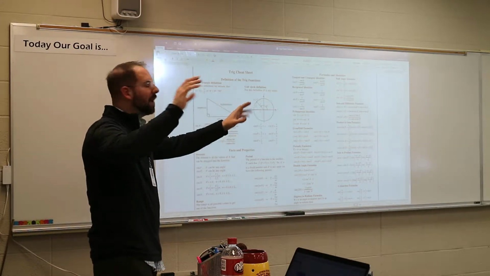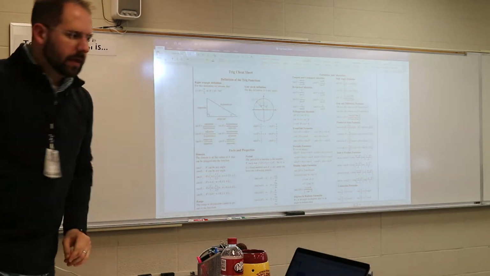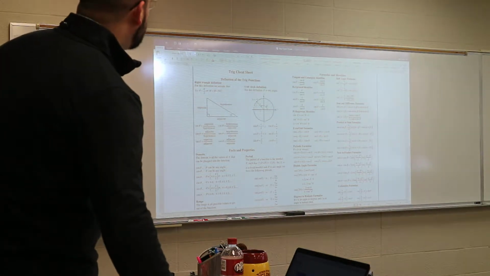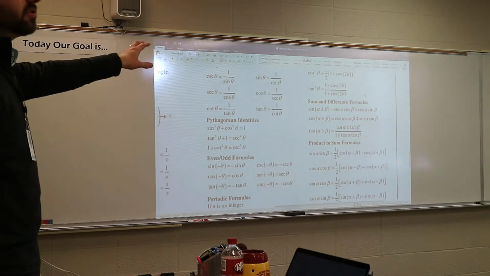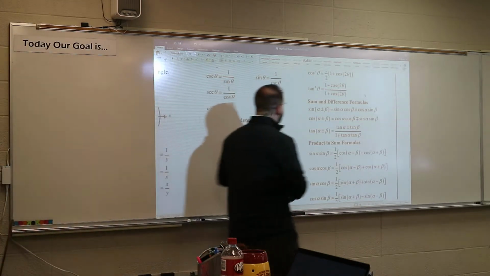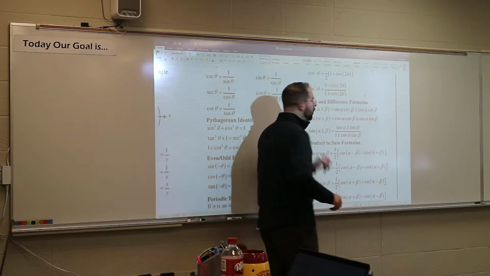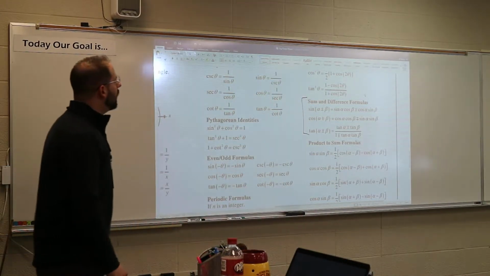All right, hey, here we go. Today, here's what we have to focus on right here. We have to focus on these three parts of my formula. These are the ones that this section, 5.2, is all based on. It's based on sums and differences, adding and subtracting.